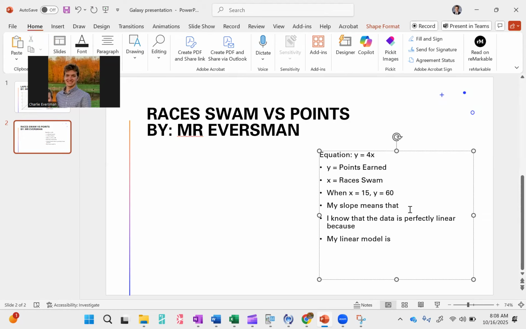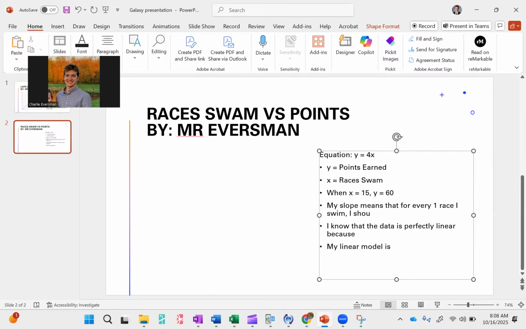My slope means that for every one race I swim, I should, notice I'm using should here, earn 4 points. Great. I know that the data is not perfectly linear because the number of points earned can change race to race, right? Maybe I get first, maybe I get second, maybe I get last.